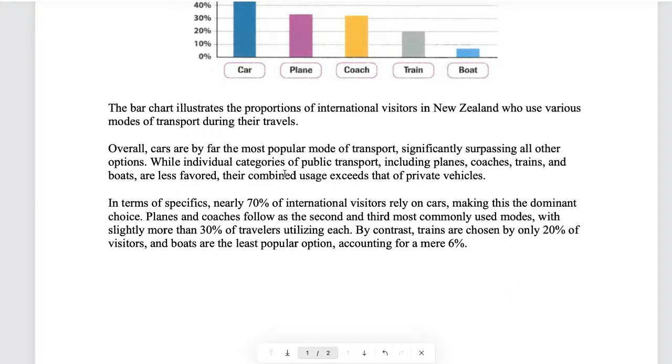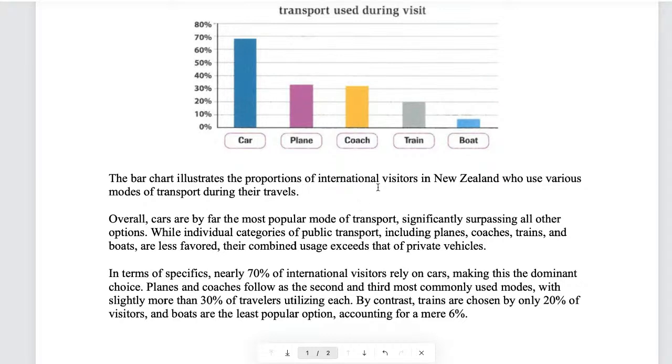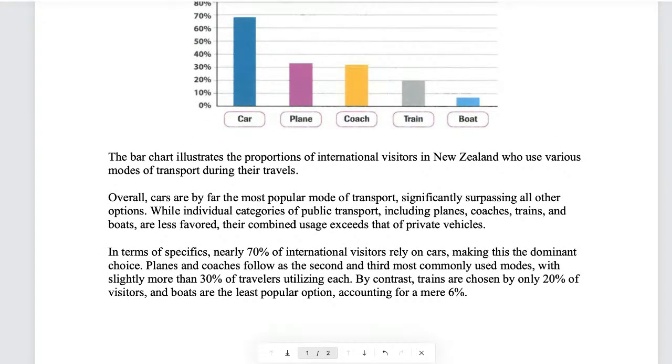What's next? After cars, which one are the second and the third most commonly used most? Which one? Yeah, planes and coaches, right? Now, so you can write like this, full stop, okay, full stop. Planes and coaches.